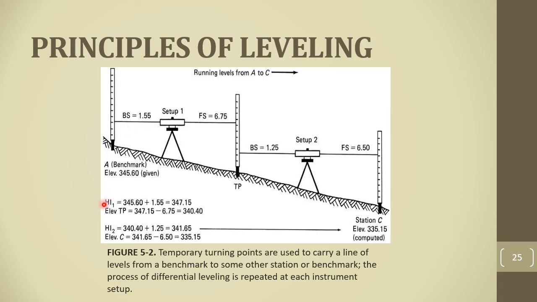That gives us something called the height of instrument. We then take a front sight on any point we want to know the elevation, and reading the rod, we are then able to determine the distance from the height of instrument to that point, and now we know, and by subtraction, we can find the elevation of that point.